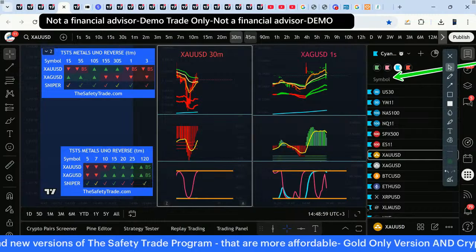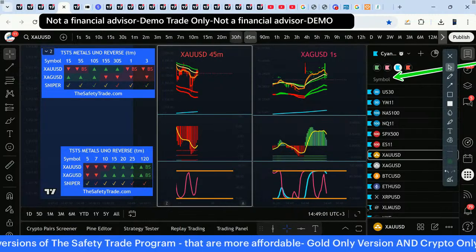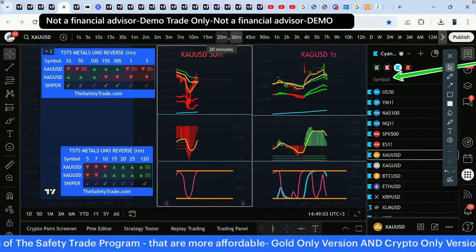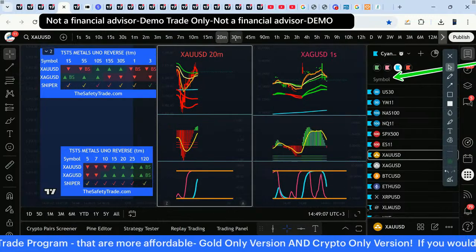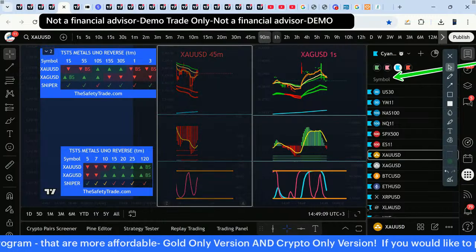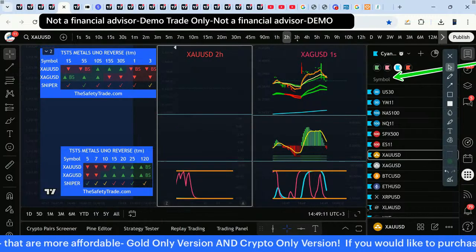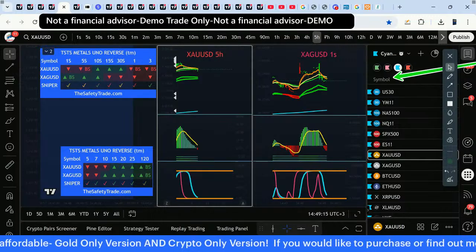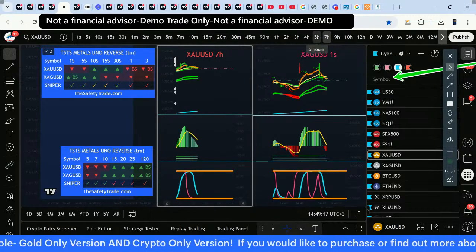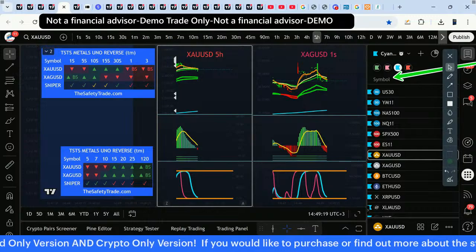It would have shown. There's a 20-minute sell on gold. 20-minute sell, 30-minute sell. 20-minute sell to gold, 3,362. I'll call it. But the reality is it's just setting up a higher time frame buy. So let's go over here. 4-hour buy, 5-hour buy. This is a 5-hour gold buy.